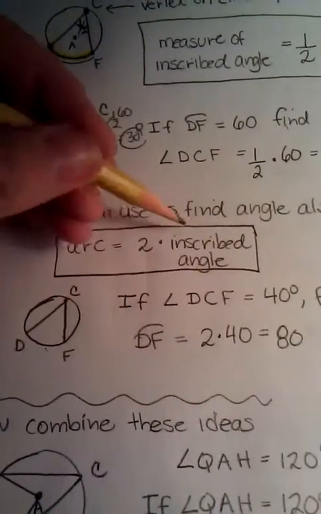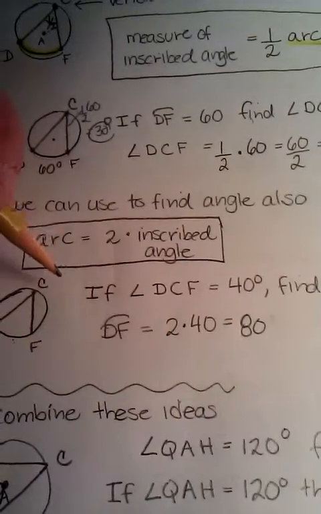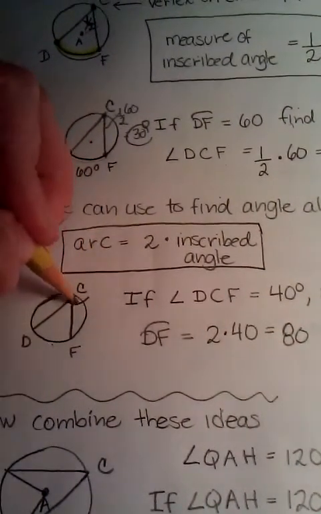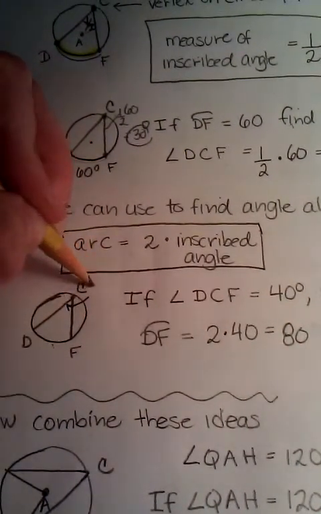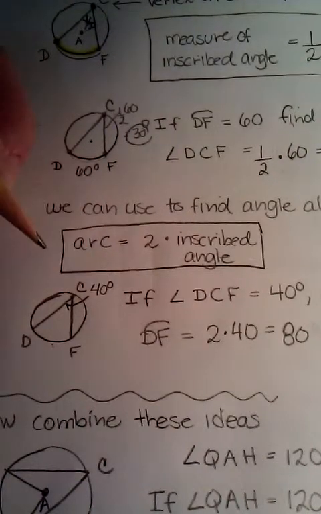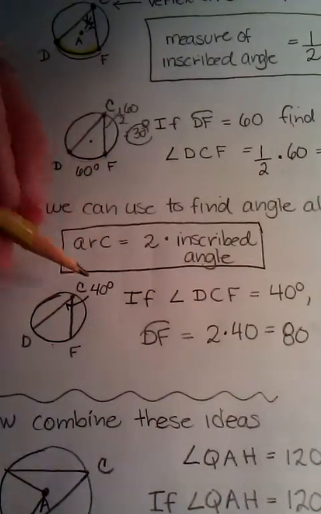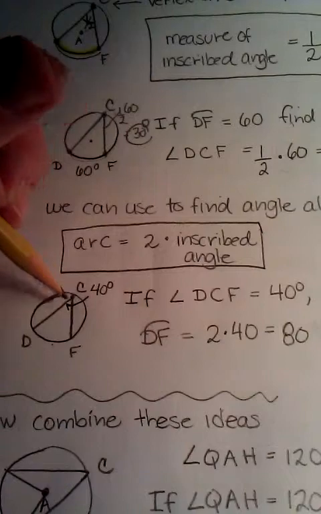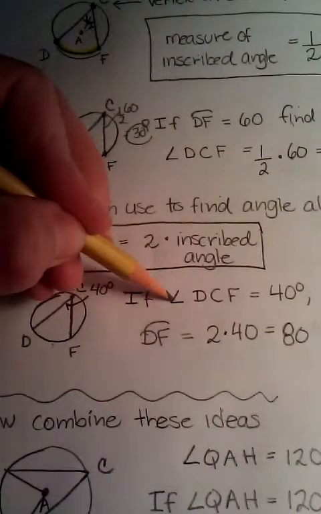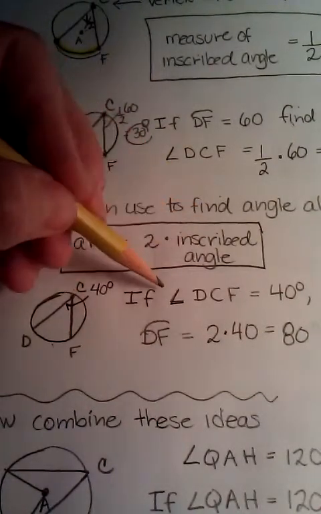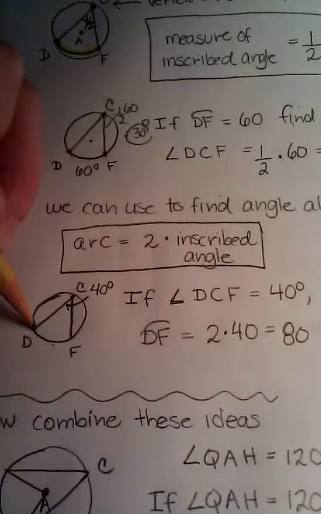So here's an example. If DCF equals 40, so we're saying that this little guy right here equals 40 degrees. So the best thing to do on these is just draw a picture, and it doesn't matter what letters you use here, as long as they would say, this would say an inscribed angle is 40 degrees.